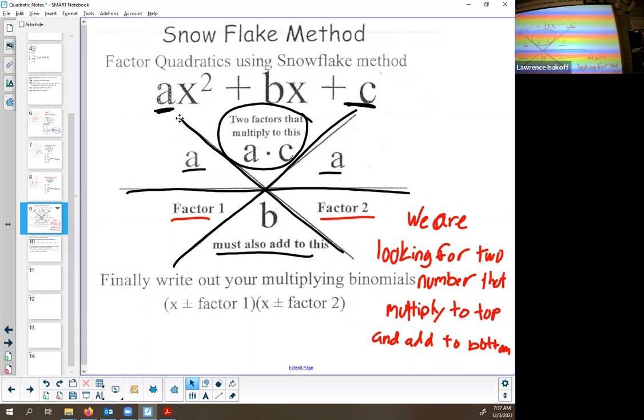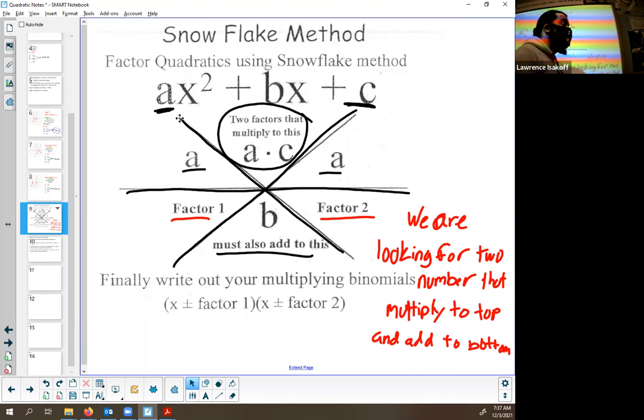We are going to get into harder forms of factoring when A is greater than 1. I'm going to tell you right now, we're going to do that next week. When A is greater than 1, I wish I had this when I was in high school. I wish I knew of this organizational method, because when I was in high school, nobody had shown me this way to organize.